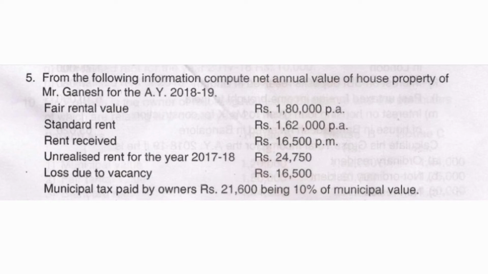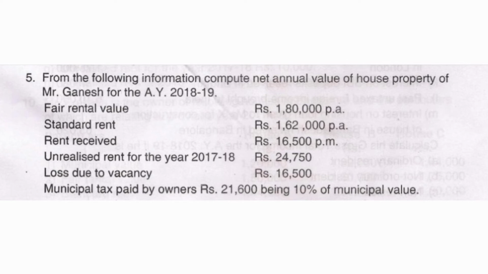So in this problem we have to identify net annual value, and they didn't give the municipal value directly, but they have given it indirectly. Municipal tax paid by the owner is rupees 21,600, being 10% of municipal value.